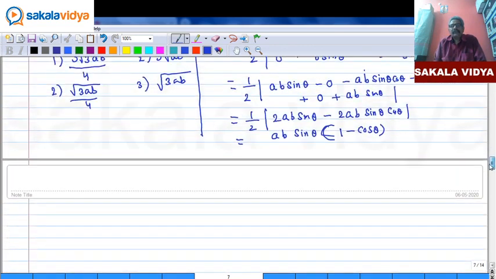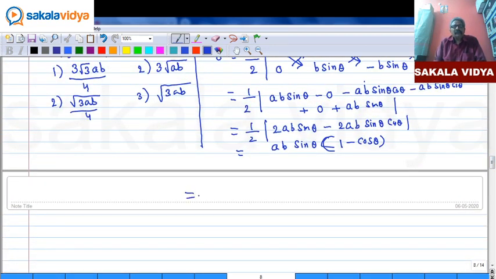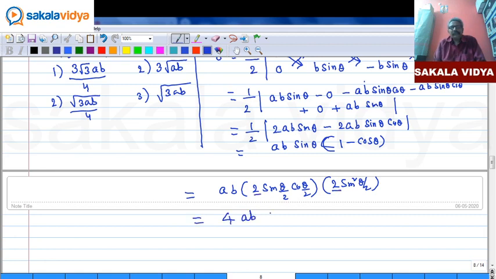Now this we can write as ab into 2 sin theta by 2 cos theta by 2, and 1 minus cos theta is 2 sin square theta by 2. This will be 2 into 2, 4, 4ab sin cube theta by 2 and cos theta by 2.